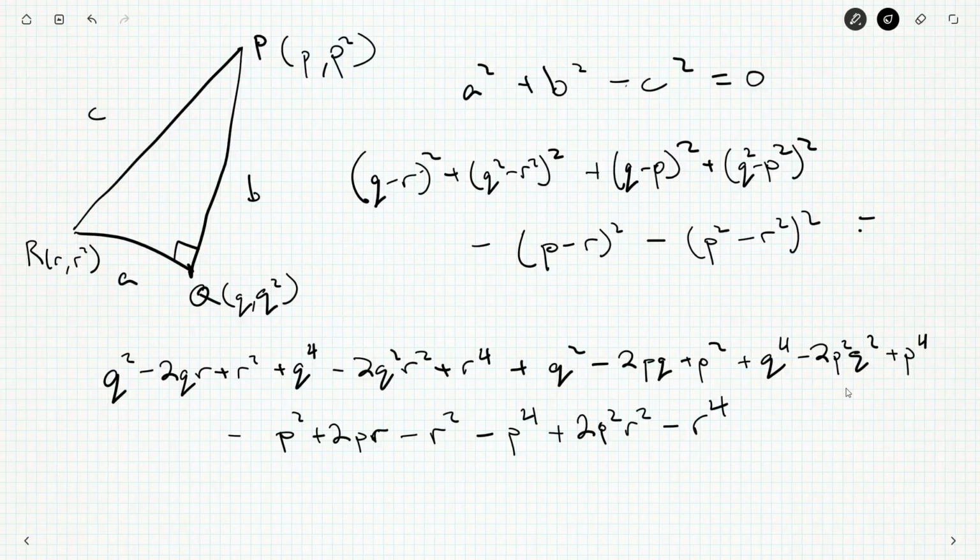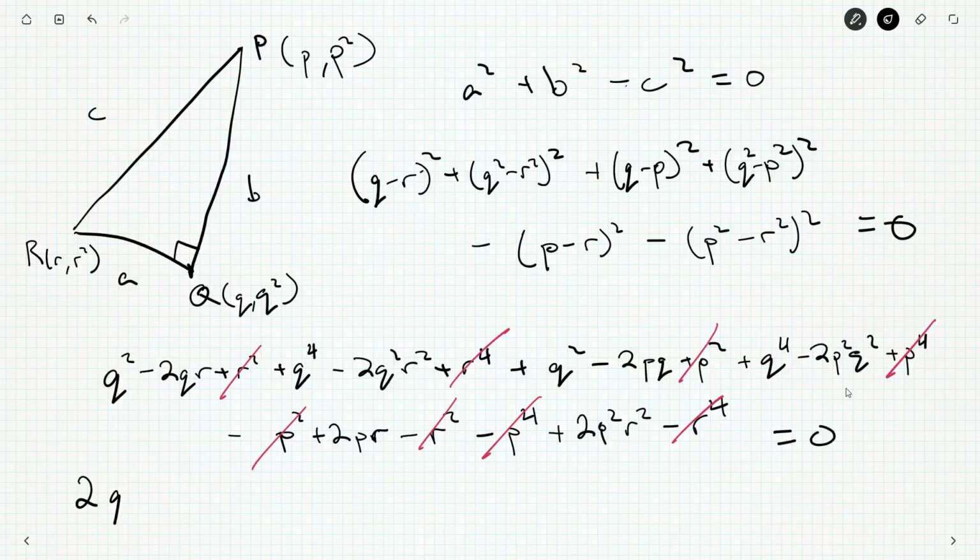Alright, and these have to be equal to 0. What things cancel? R to the fourth and r to the fourth cancel, p to the fourth and p to the fourth cancel, r squared and r squared cancel, p squared and p squared cancel. I don't have a 2pr sitting around, and I don't have a 2p squared r squared sitting around.